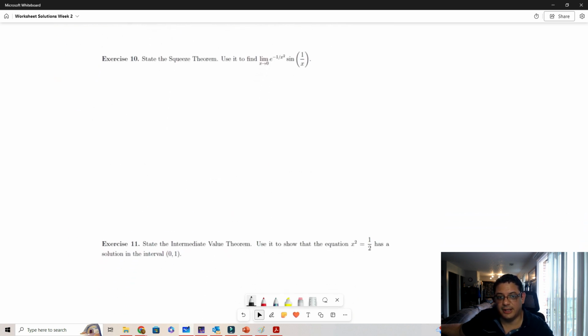Now for exercise 10, we use the squeeze theorem, and this is going to be similar to one that we did before. The whole thing starts from the fact that sine of 1 over x is between -1 and 1. And so because of that, I can bound it by -1 over x squared. Then I can multiply all that.